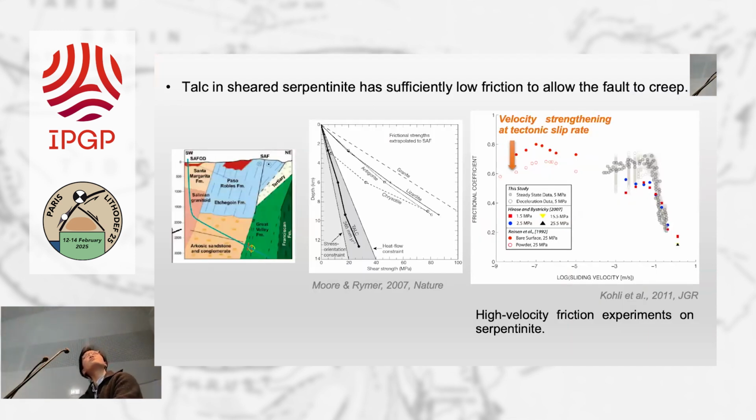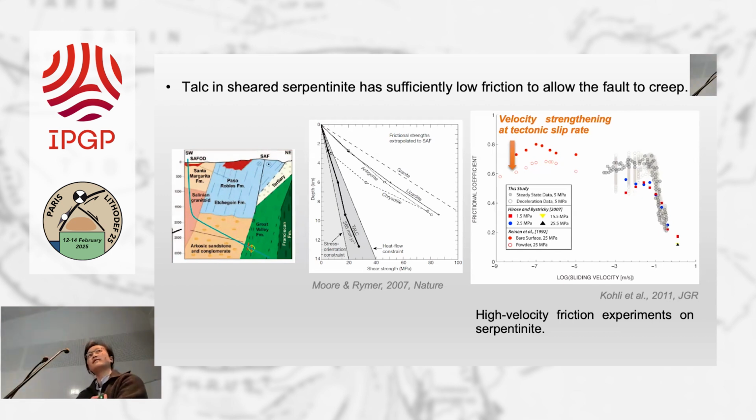By using samples collected from the drilling of SAFOD, Moore and Rymer observed that the talc in the sheared serpentinite has sufficiently low friction, which could allow fault creep.